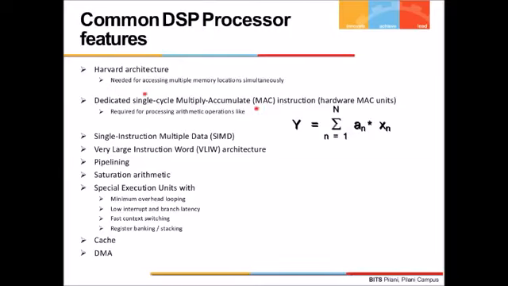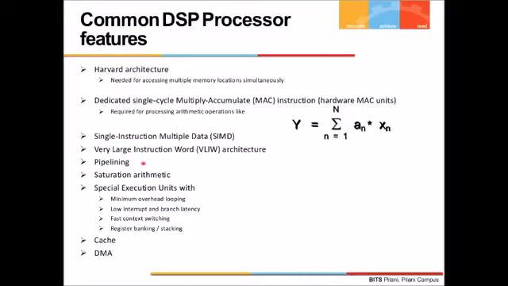And DSP processors generally go for Harvard architecture. The speed is very important in the case of a DSP processor. And they'll have SIMD, that is single instruction multiple data kind of architecture. And they are primarily of VLIW architecture, that is very large instruction word architecture.